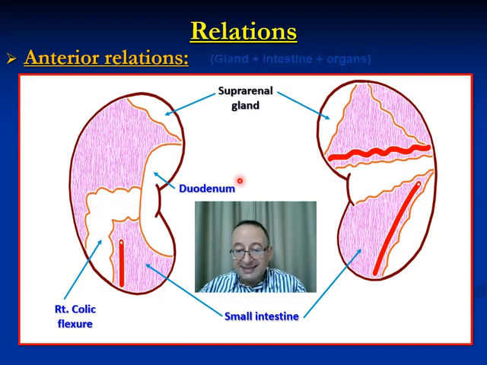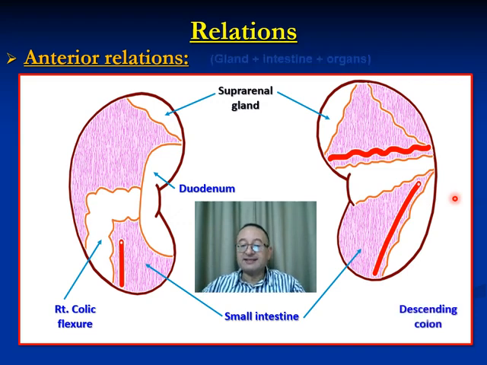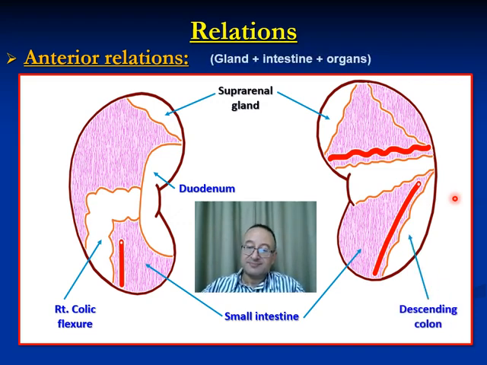No, it ascends like this, then descending like this. So, here on the left side, I have descending colon, area related to descending colon. Now I have finished the gland and the intestine on both kidneys.